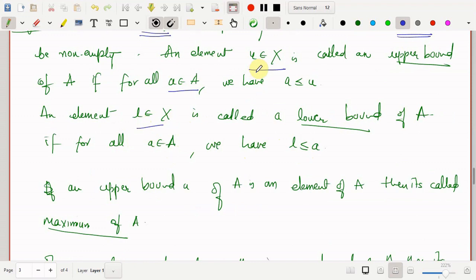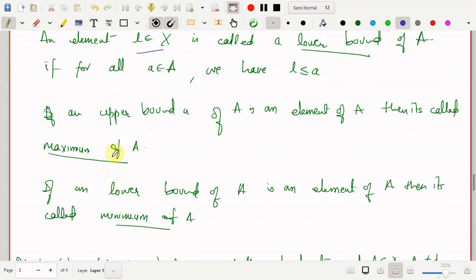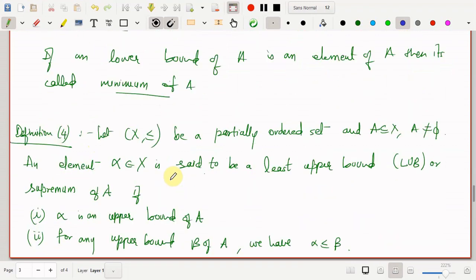One thing to be pointed out is that this u and this l, upper bound and lower bound respectively, may not come from the set A. If the upper bound or lower bound is an element of A itself, then it is called the maximum of A or the minimum of A respectively.